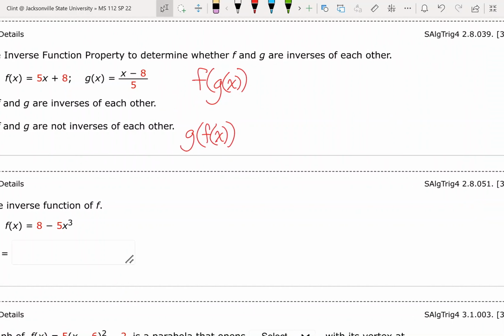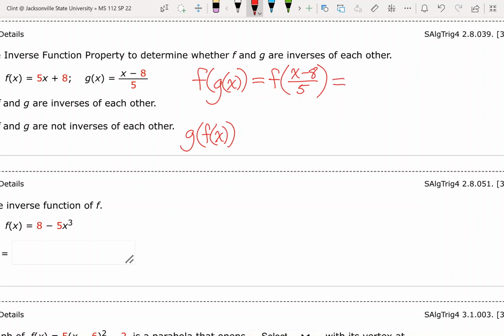So find f of g of x. That'll be f of x minus 8 over 5. What that's saying is we take this thing, x minus 8 over 5, and plug it in where the x is in f.